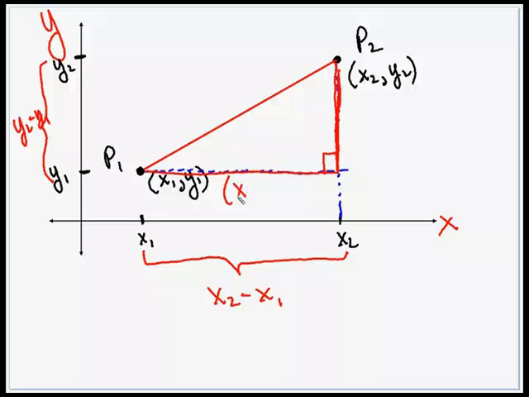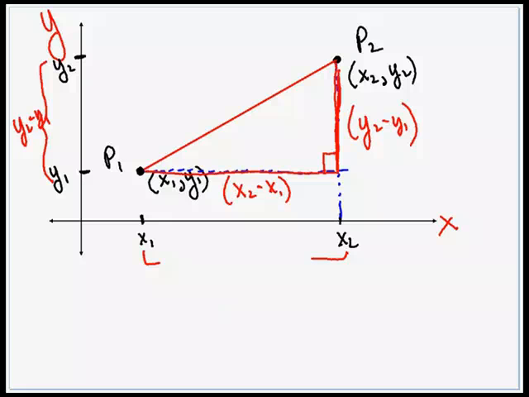So this side is x2 minus x1, and this side is y2 minus y1. Now if we use our Pythagorean theorem: a squared plus b squared equals c squared. Of course the hypotenuse is c, and it doesn't matter which of these are a and b, because they're interchangeable.